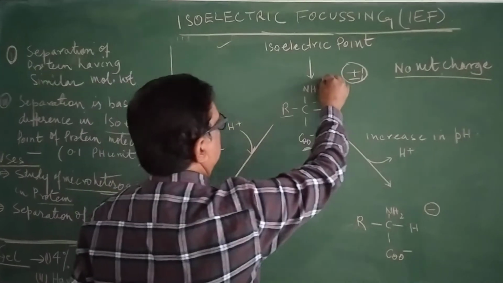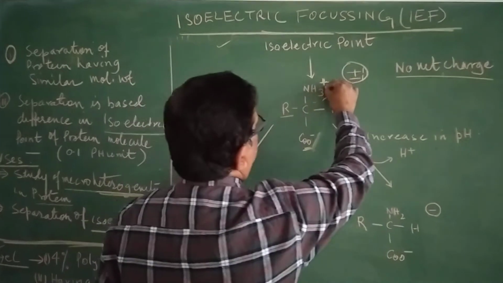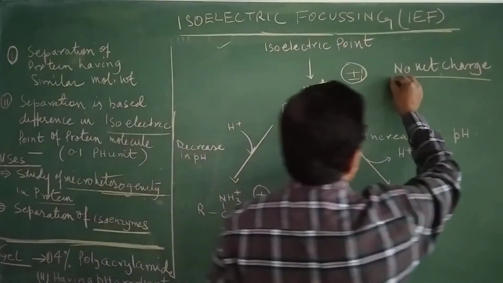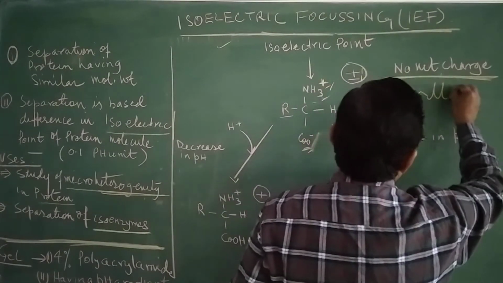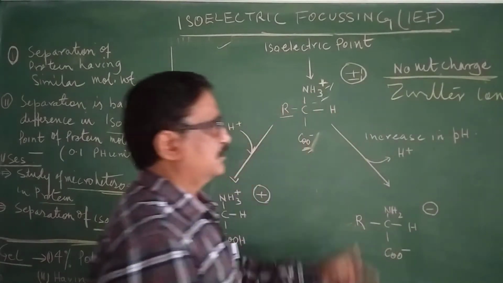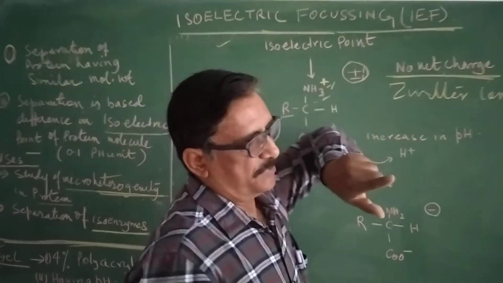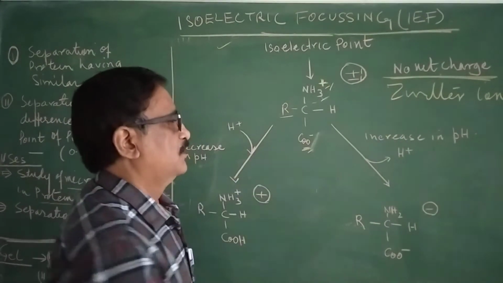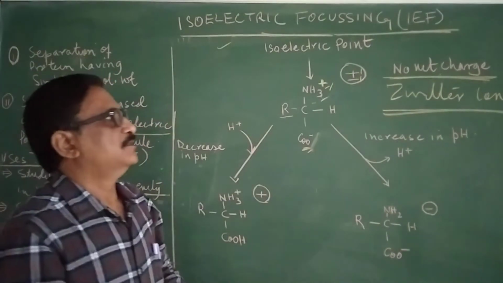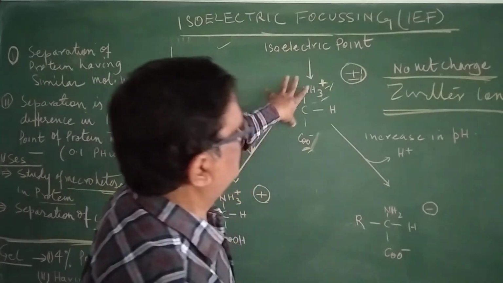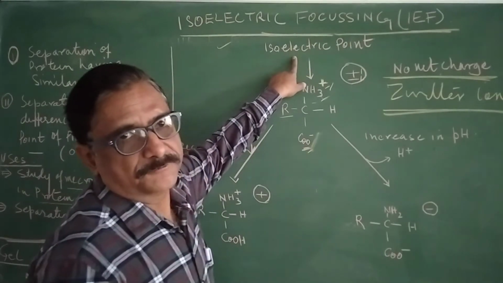So it contains equal amounts of positive charge and negative charge, meaning no net charge, and acts as a Zwitter ion. At a particular pH the amino acid exists as a Zwitter ion, and that pH is known as the isoelectric point.